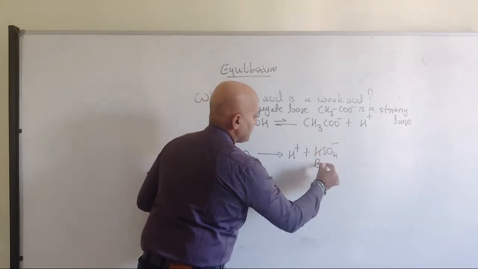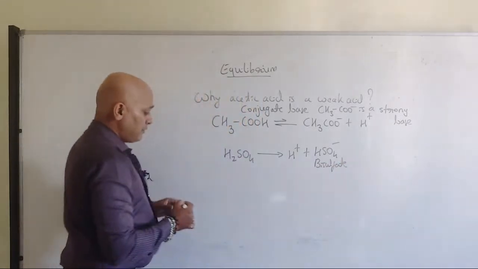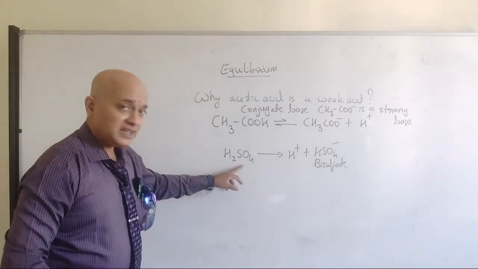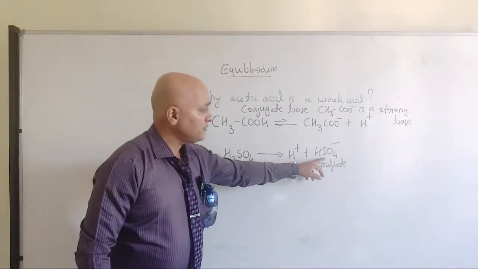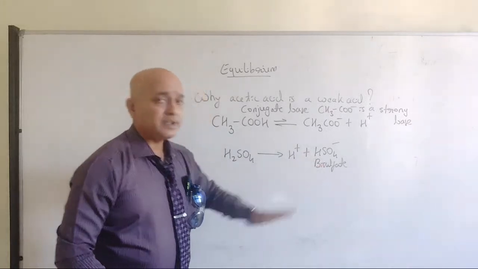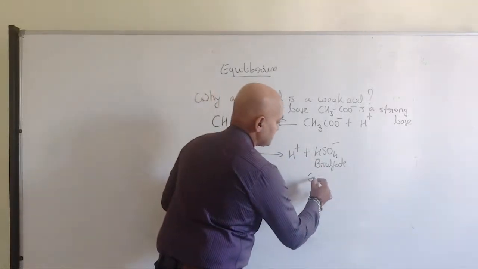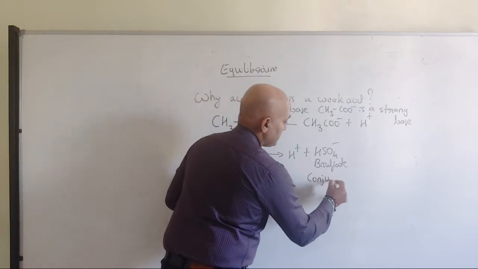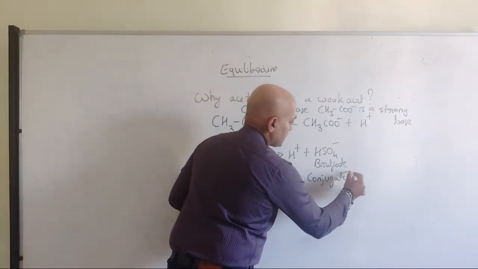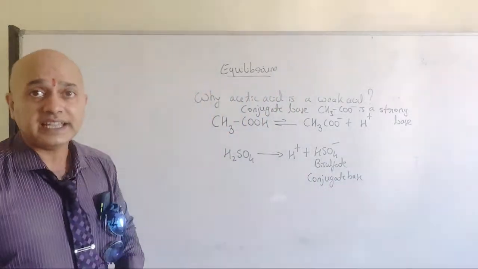This is the bisulfate ion. Now I can tell that sulfuric acid and bisulfate are the conjugate acid and conjugate base of each other. Bisulfate is the conjugate base of sulfuric acid, H2SO4.